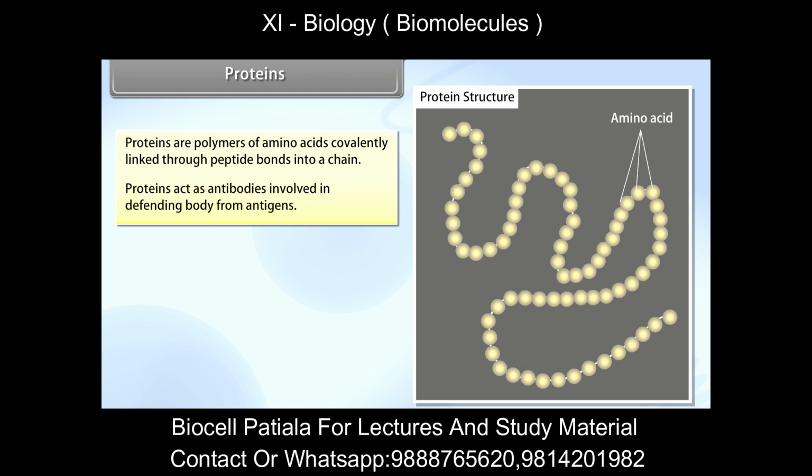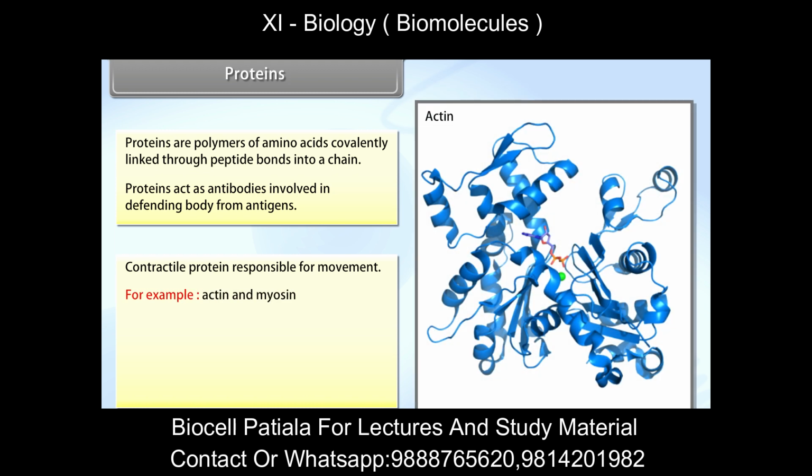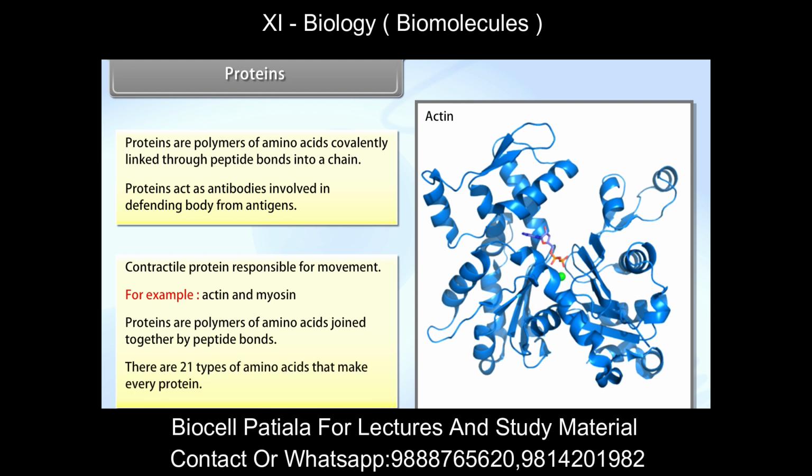Proteins act as antibodies involved in defending the body from antigens. Contractile protein is responsible for movement, for example, actin and myosin. Proteins are polymers of amino acids joined together by peptide bonds. There are 21 types of amino acids that make every protein.